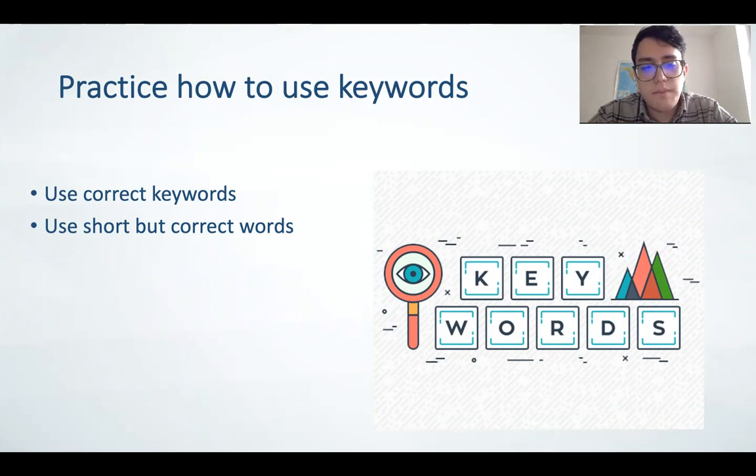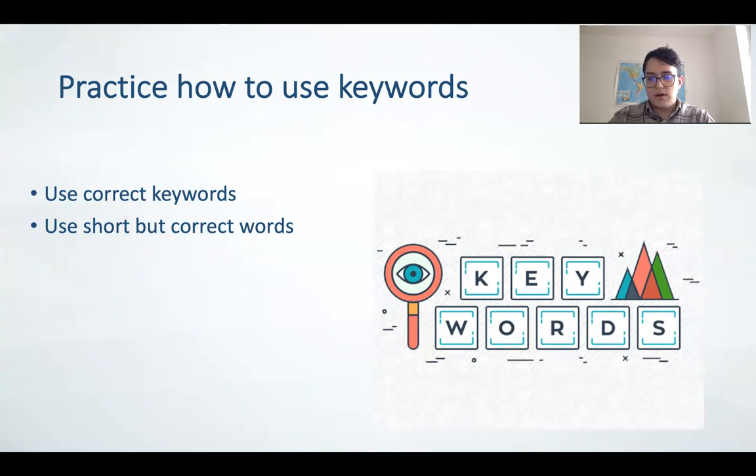Use short but effective and correct keywords, which is very important, like character of deer, or habitat of deer, or what do deer eat, but you have to try to shorten it. You can say food deer eat, or try to play around and see which one works best for you.